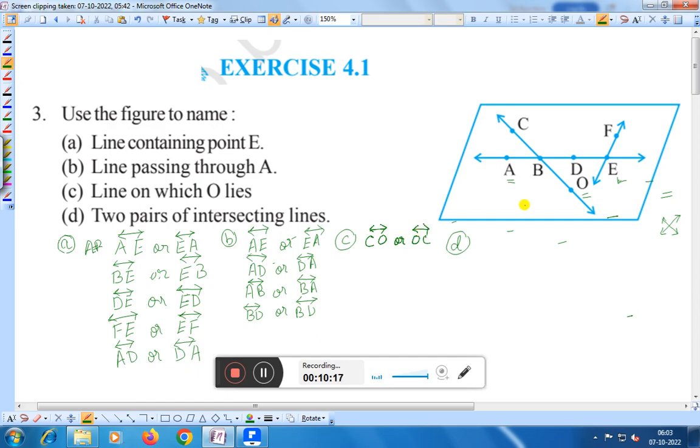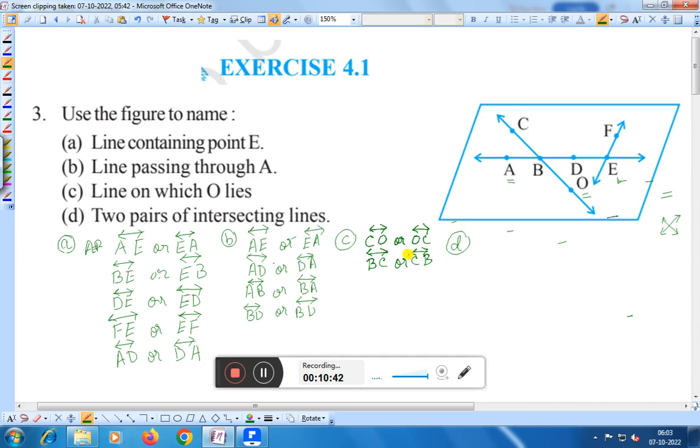You can name another way by BC or CB. Line on which O lies, BC or CB.